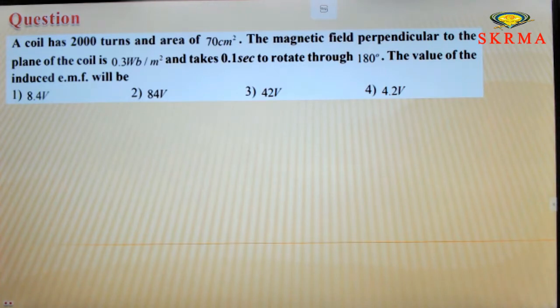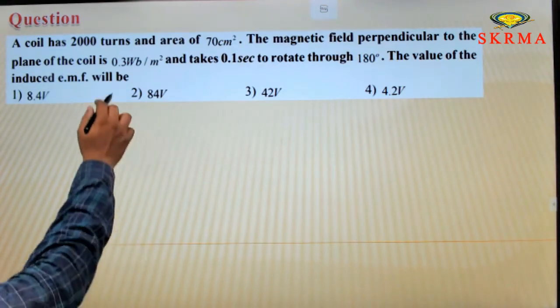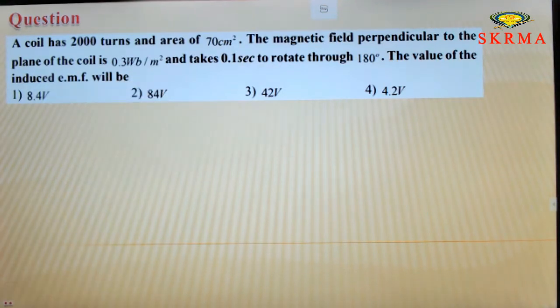Next one, a coil has 200 turns and area of 70 centimeter square. The magnetic field perpendicular to the plane of the coil is 0.3 Weber per meter square. It takes 0.1 seconds to rotate through 180 degrees. Then value of induced EMF will be.